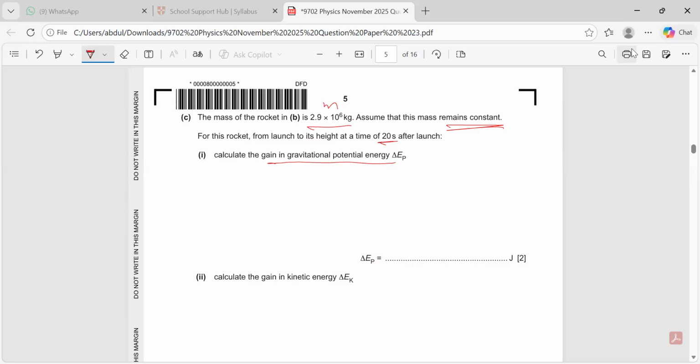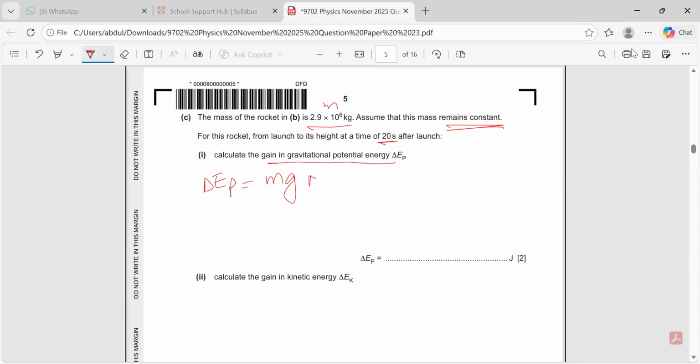Again, very straightforward. Change in potential energy, gain or loss, is basically the change. So the change in potential energy will be equal to mass, which is constant, times g, which is constant, times delta h. It is launched from the ground, so the initial height is 0 and the maximum height is 3200 meters.